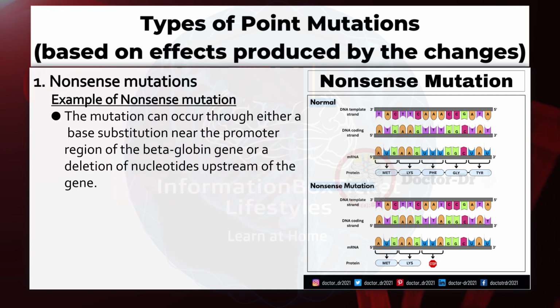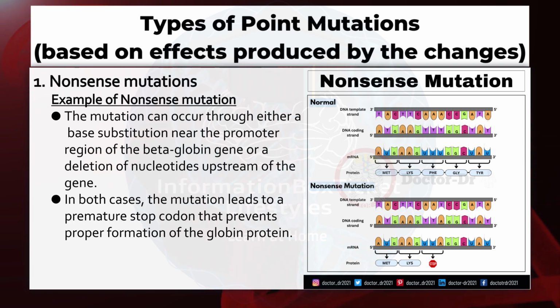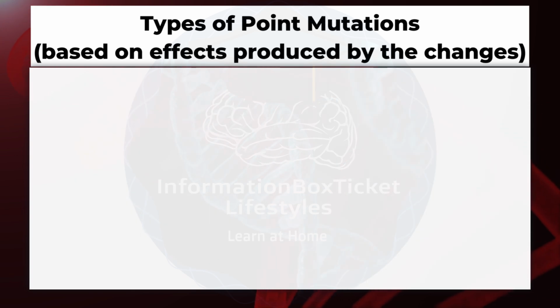The mutation can occur through either a base substitution near the promoter region of the beta-globin gene or a deletion of nucleotides upstream of the gene. In both cases, the mutation leads to a premature stop codon that prevents proper formation of the globin protein.